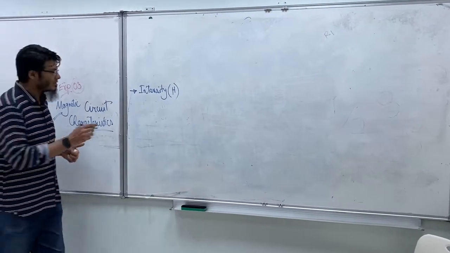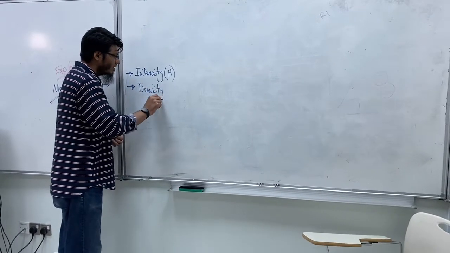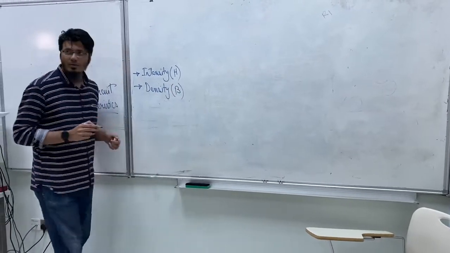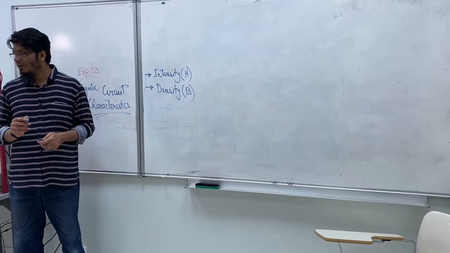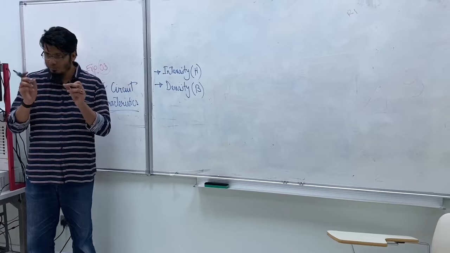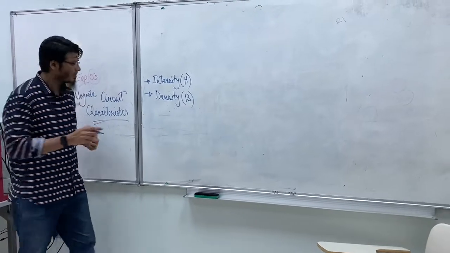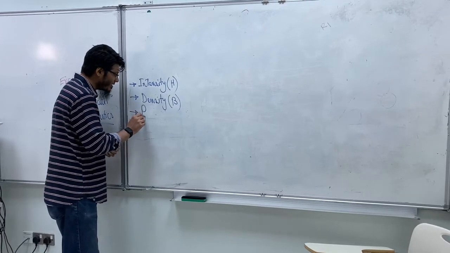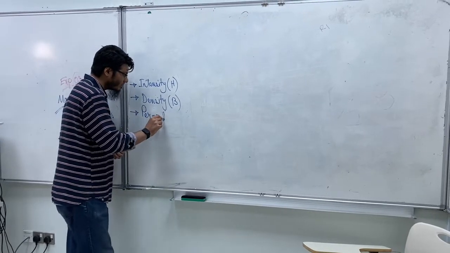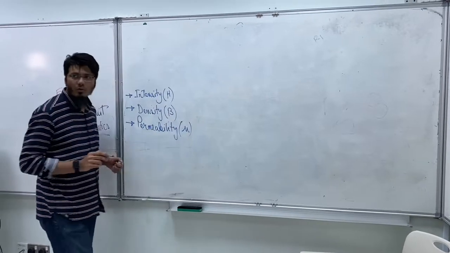You understand? Similarly, flux density, which is denoted by B. This is another characteristic, right? That means how the flux lines are put on the magnetic core. Are they dense or not dense? Third one is permeability, which is denoted by mu.